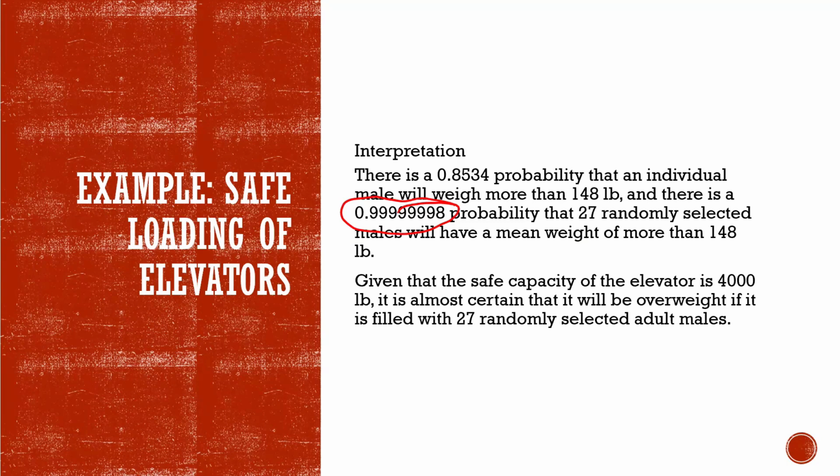So we got 100%, they got 99.9999998%. So it's basically the same. There's an 84.5% chance that an individual will weigh more than 148, but the probability that 27 randomly selected individuals on average will weigh more than 148 is much higher.